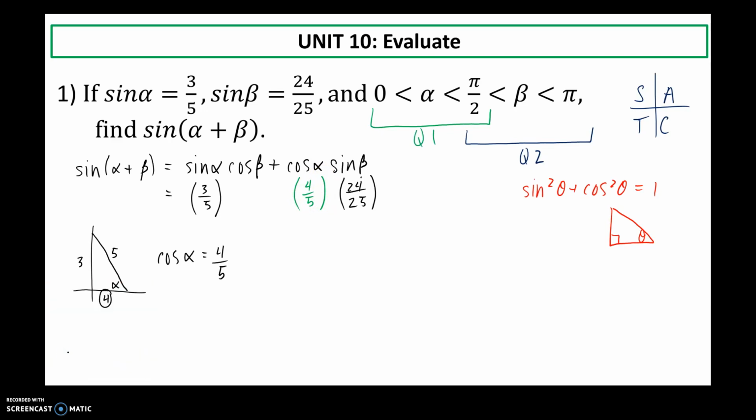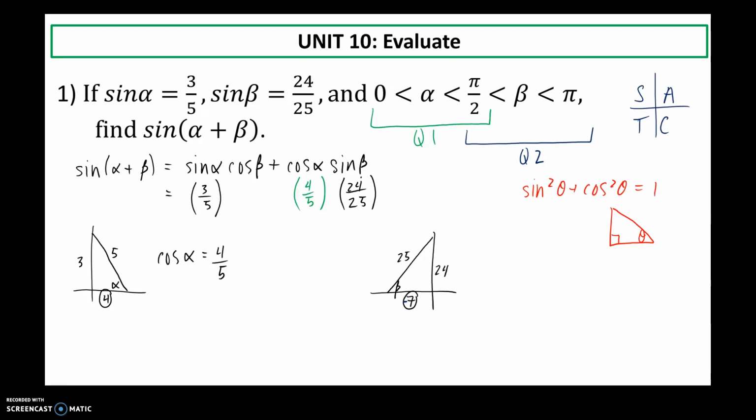All right, now beta is a second quadrant angle, so we could draw it like the right triangles in the second quadrant. All right, opposite over hypotenuse again. You can verify here that the missing side length is 7 using the Pythagorean theorem. But now be aware that because this is in the second quadrant, technically I could write this length as -7.